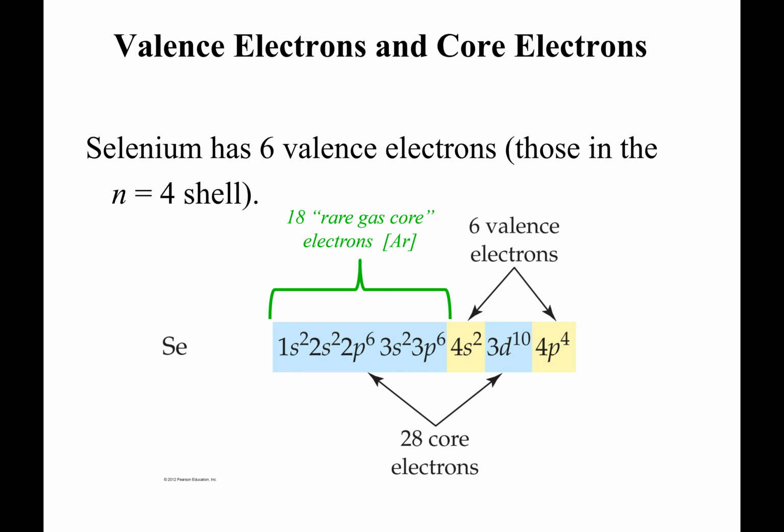So the highest n is 4. Here we have a situation where the 3d non-valence electrons sit between the valence electrons, as we've added them. So 3d is part of the core electrons, and there are 6 valence electrons.